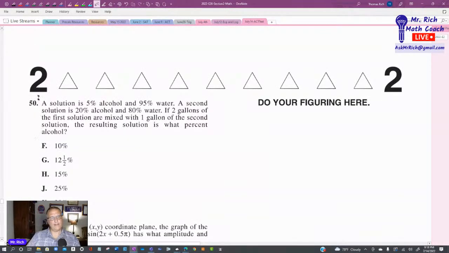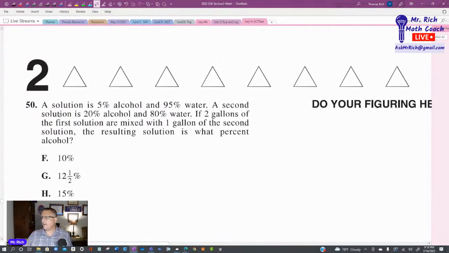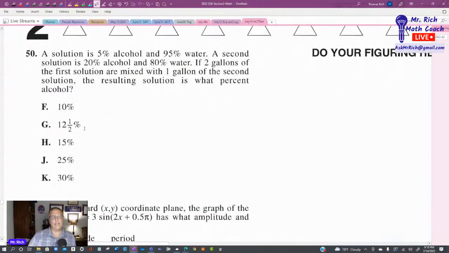A solution is 5% alcohol and 95% water. A second solution is 20% alcohol and 80% water. If 2 gallons of the first solution are mixed with 1 gallon of the second solution, the resulting solution is what percent alcohol? All right, so the first solution is 2 gallons.